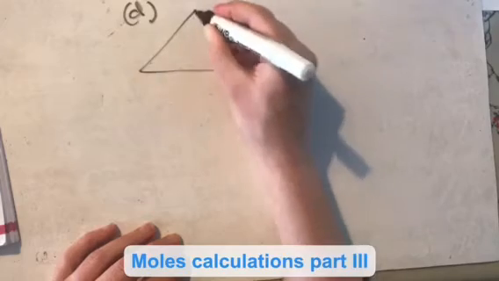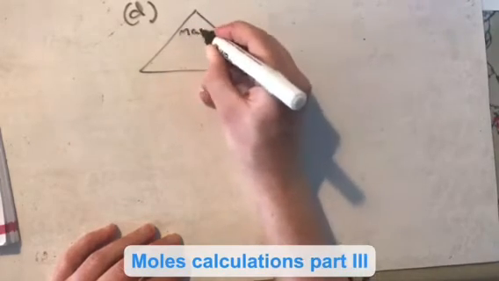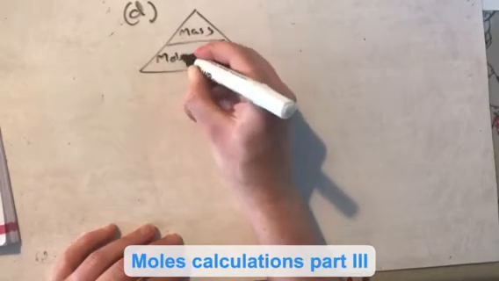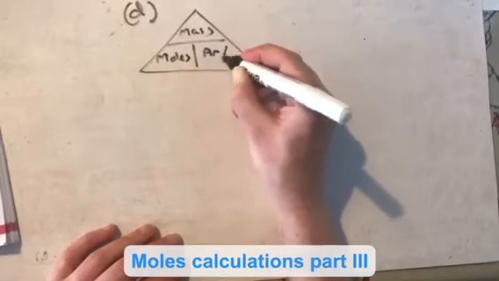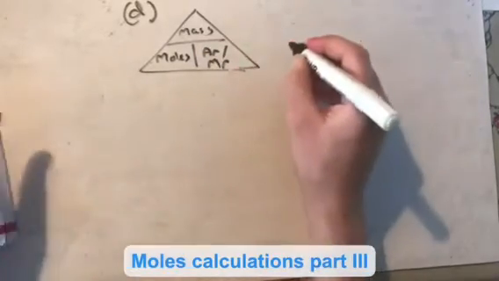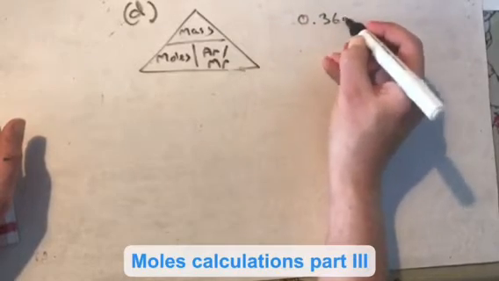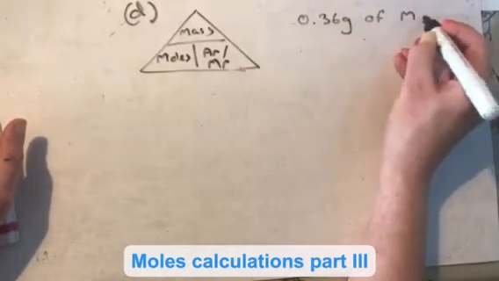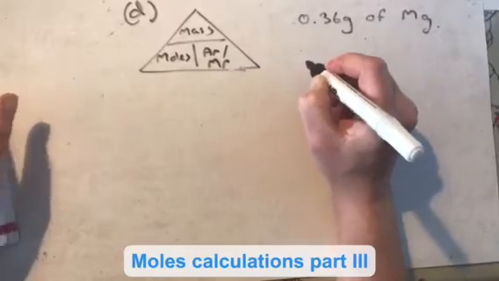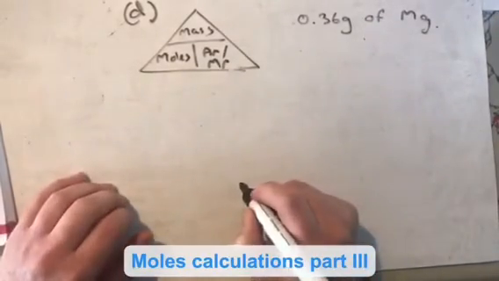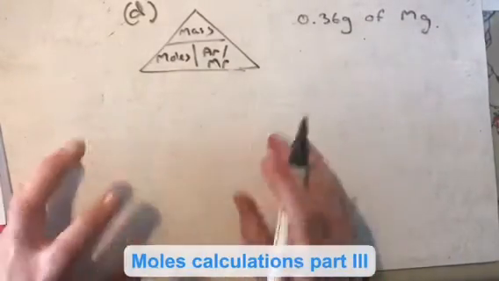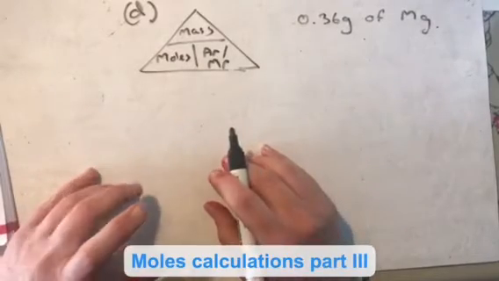We're just using our mass, moles, AOR triangle. We are told 0.36 grams of Mg, and they want to know how many atoms there are. First of all, we're going to have to work out our number of moles, and then use Avogadro's number.